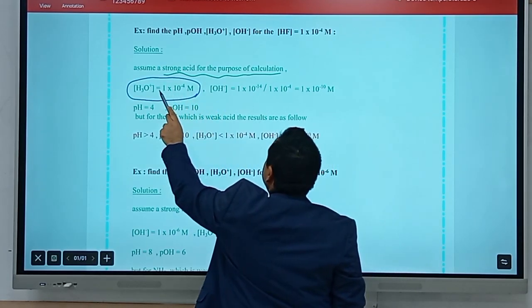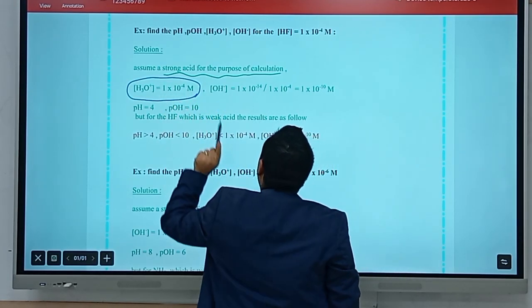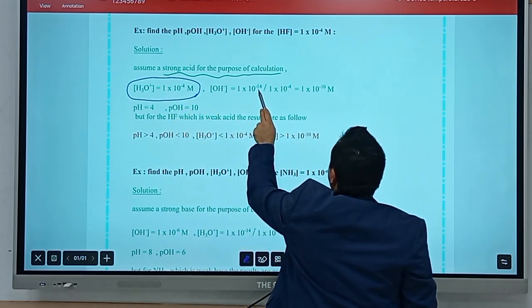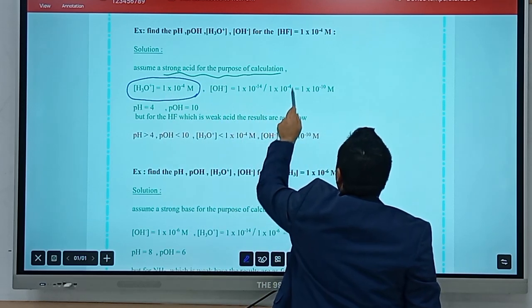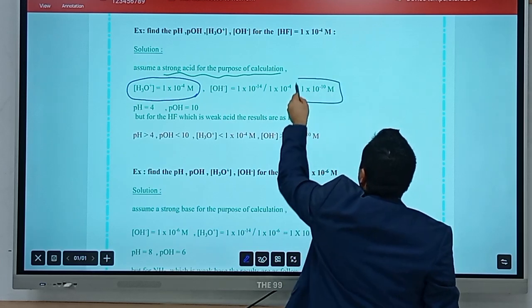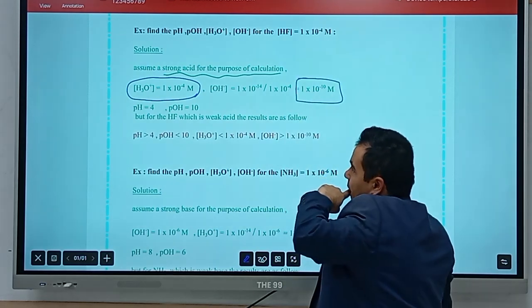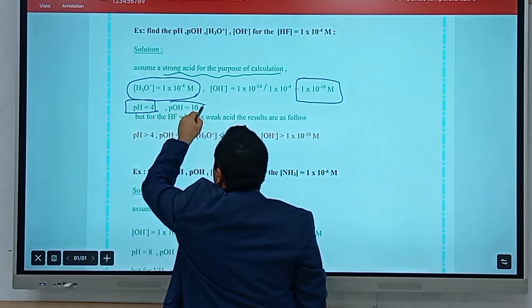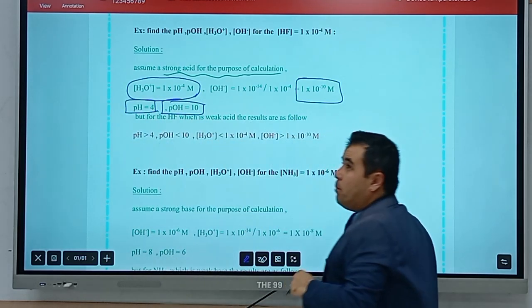This is the calculated value, calculated by assuming. And then divide 1×10^-14 by 1×10^-4, and you get the hydroxide as 1×10^-10. The pH is equal to 4 and the pOH is equal to 10.